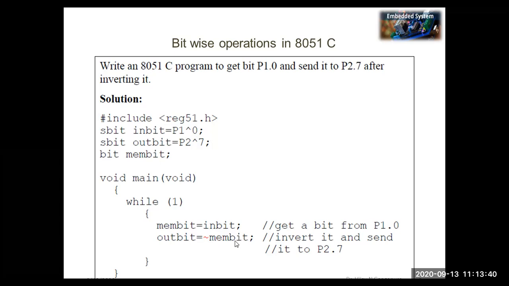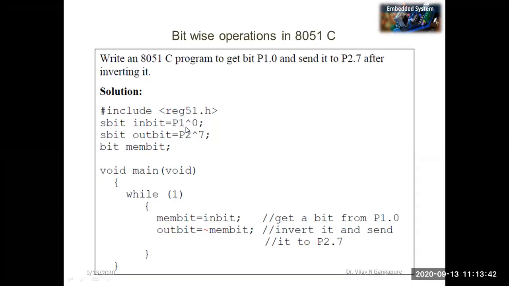ओके, तर मेमबिट मध्ये आता काय आहे तर पोर्ट 1 पिन नंबर 0 वरचा जो का डेटा रीड करून घेतलेला आहे, सो दॅट इज अवेलेबल इन मेमबिट. आय एम इन्व्हर्टिंग दॅट मेमबिट डेटा, म्हणजेच काय अगोदर तो 0 असेल तर 1 होईल, 1 असेल तर 0 होईल, अँड दॅट वी आर असाइनिंग टू आउटबिट. But out_bit represents pin number 7 of port 2. म्हणजेच काय, we are outputting data in mem_bit.